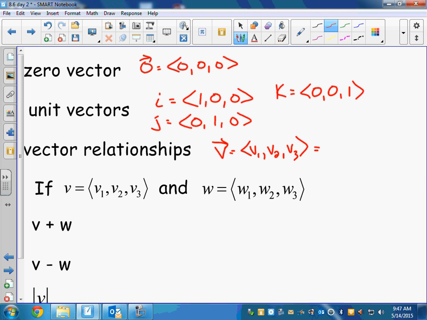So you could say v sub 1 i plus v sub 2 j plus v sub 3 k. You guys didn't like the i and j stuff with vectors in 2 dimensions. You're probably not going to like it in 3 dimensions either. But it just means the same thing. If you saw this, you could just take the coefficients and put it back in component form and do all the same stuff.